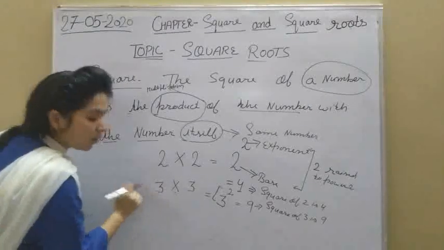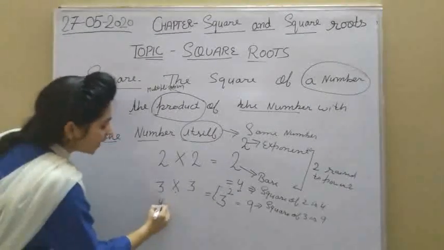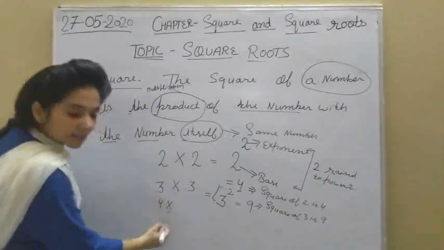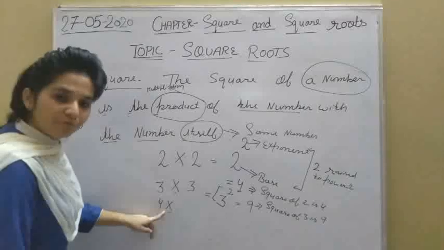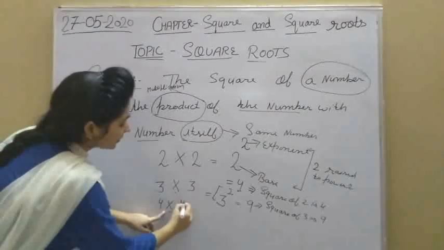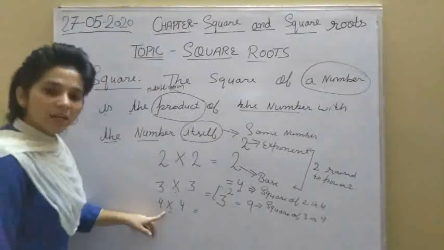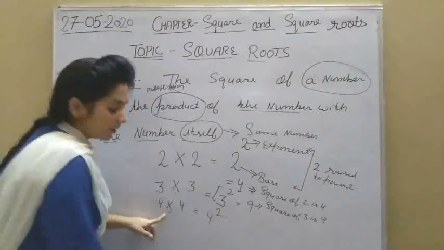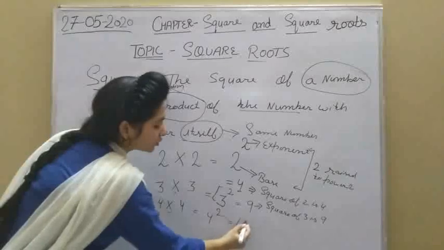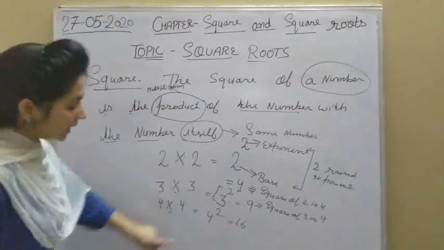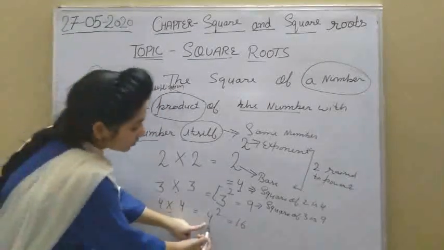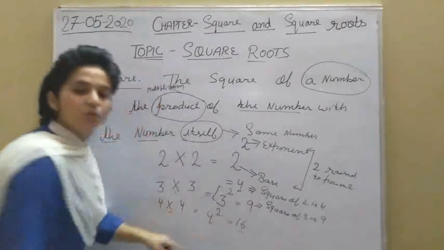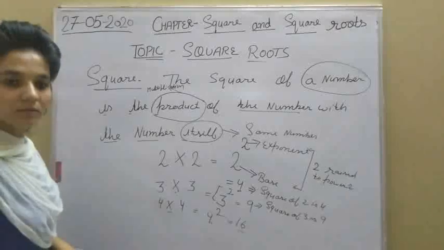Let's take one more example. We have a number 4. Again we will take the product of 4 by the same number. It will be equal to 4 square and it will be equal to 16. Here the square of 4 is equal to 16.